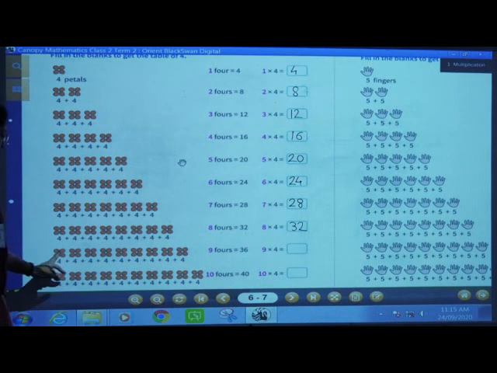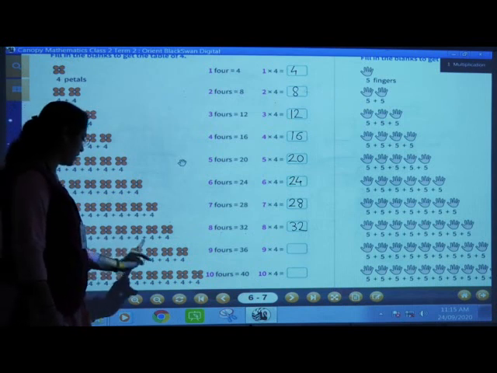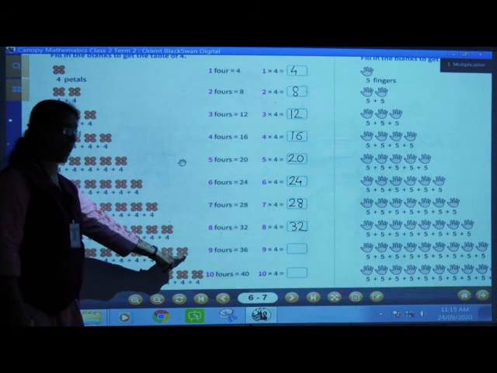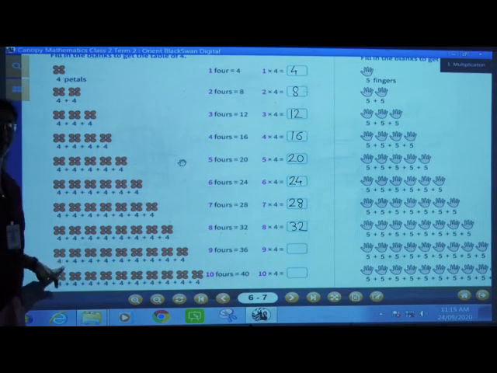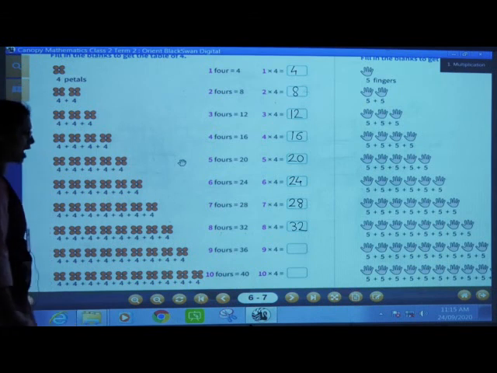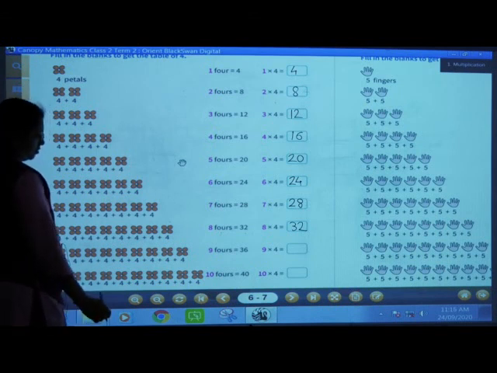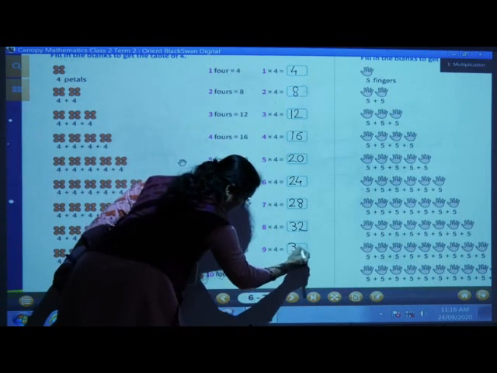Here, how many flowers are there? 1, 2, 3, 4, 5, 6, 7, 8, 9. 9 flowers are there and each flower has 4 petals. Means 4 is repeated 9 times. Means 9 4s are how much? 36.